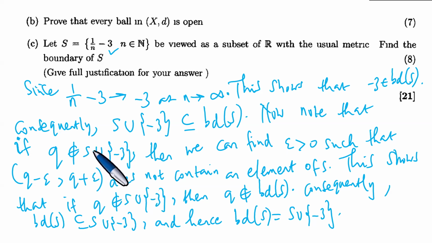Consequently, once again, we're saying the set S union the singleton set that contains minus 3 is a subset of the boundary. We understand that the boundary of S is S together with its boundary points. So this is like 1 boundary point, and potentially more, and therefore S union with 1 boundary point is a subset of the set S with all its boundary points, which is the boundary of S. So it's bigger than just an additional one boundary point to S.